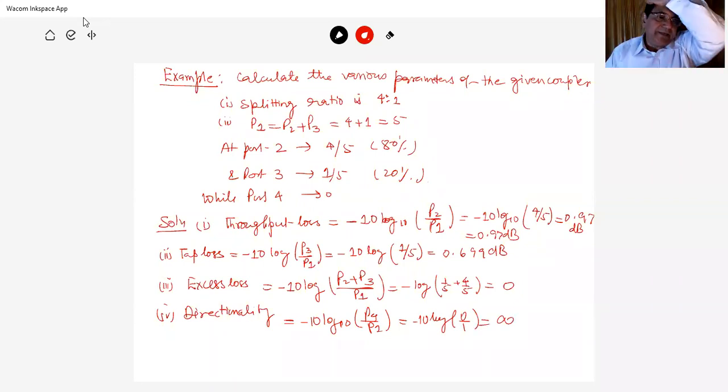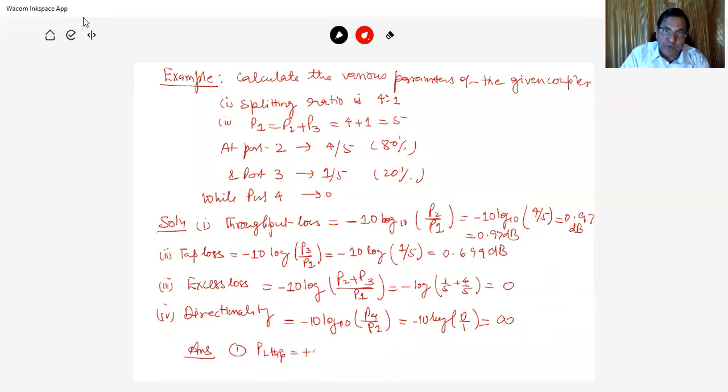So what we find is, first, PL throughput is plus 0.97 dB. Then PL tap is plus 0.69 dB.